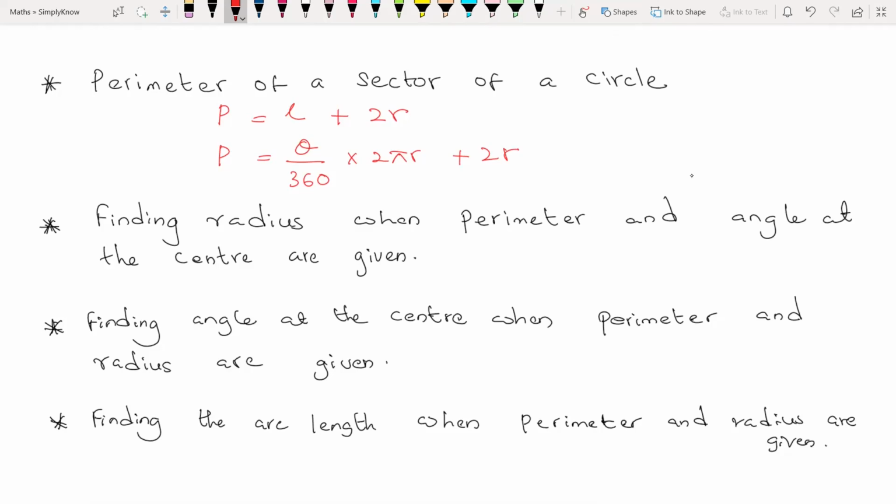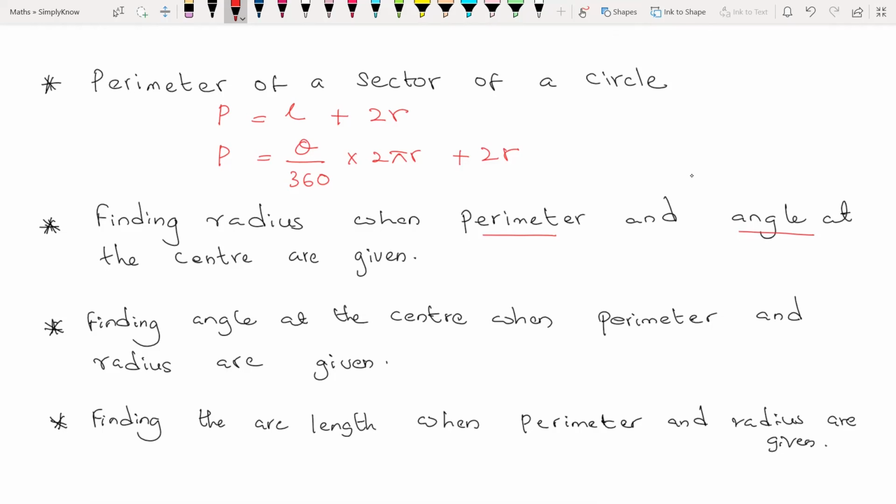And also we learned how to find the radius when perimeter and angle at the center are given. So if you are given a sector and if you are given the perimeter as well as the theta, then you can easily find out the radius, the unknown radius.